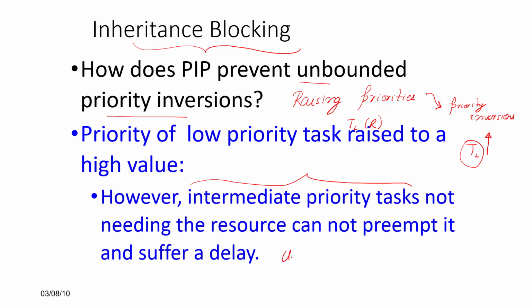There is a trade-off between unbounded priority inversion, let me call it PI, and inheritance blocking. The idea is that I can have a lot of inheritance blocking, so I can reduce my unbounded priority inversion to zero. But that again will not be a good idea, because again threads will suffer. So balance is needed.